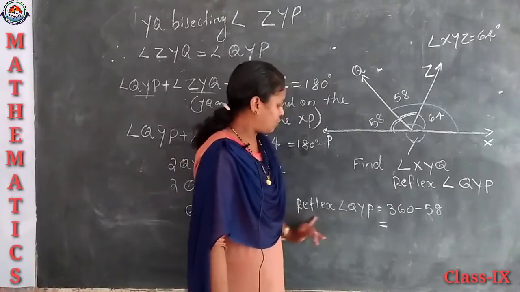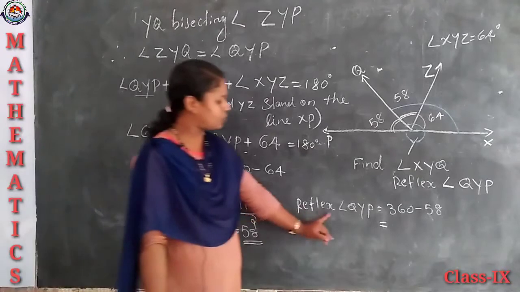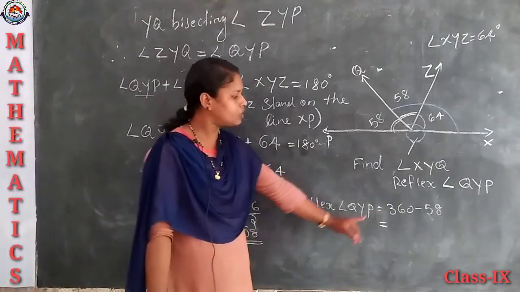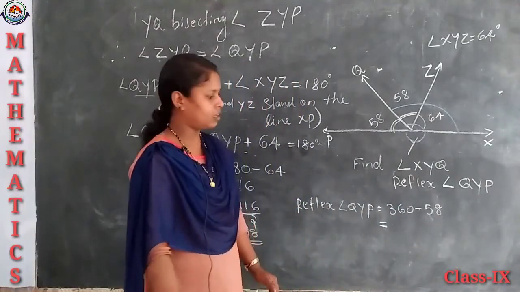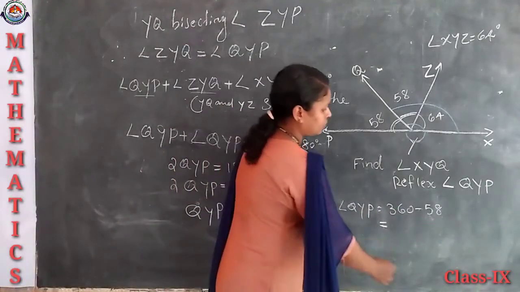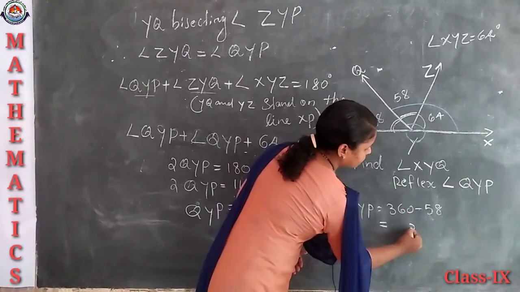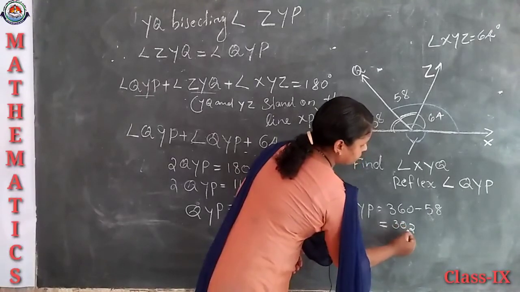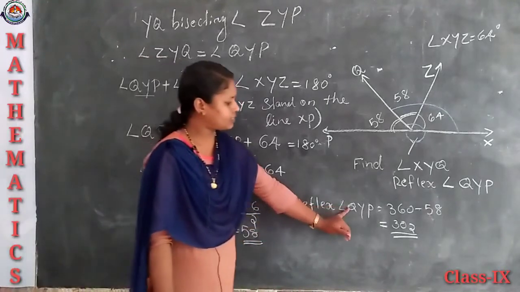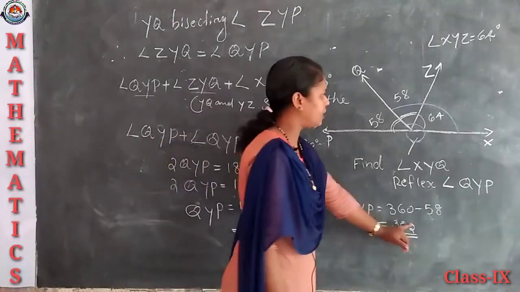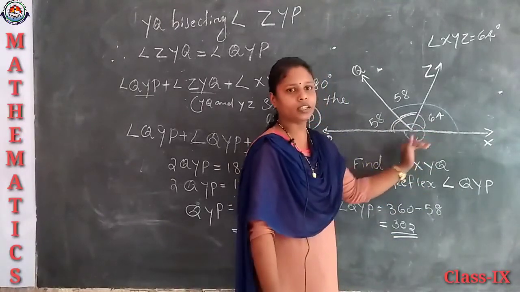So reflex angle QYP equals 360 minus 58, which is 302. Reflex angle QYP equals 302. This reflex angle is 302 degrees.